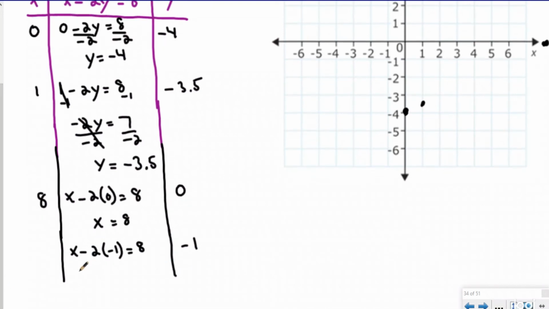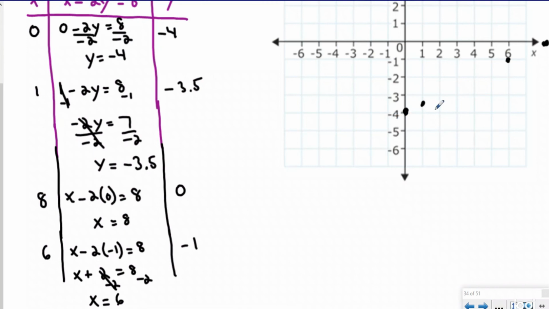And so I know -2 times -1 is going to be +2 equals 8. And now I need to get rid of my 2 by doing my inverse operation. So those cancel out, and x is going to equal 6. So when y was -1, x equaled 6. So I'm going to shuffle over 6 and go down 1, okay? And you can see right here that I'm forming a straight line.